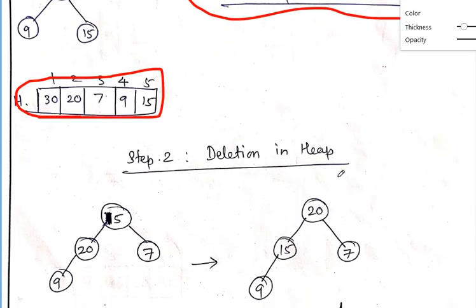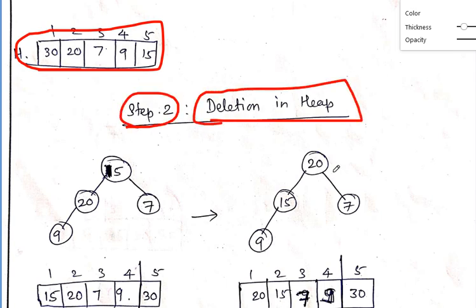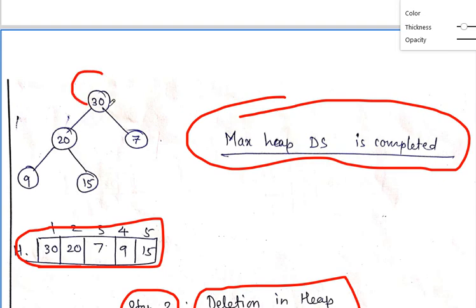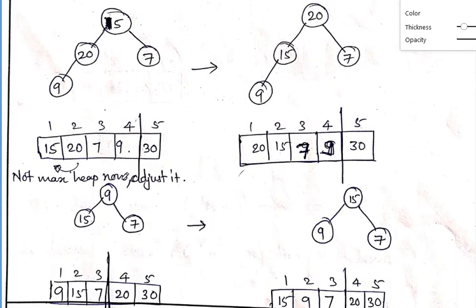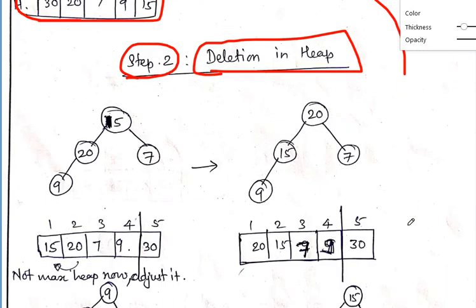Once the max heap data structure is obtained, the second step is quite important, where the deletion is done in the max heap. This is the first element which we are going to delete, so this 30 will be deleted. If 30 is deleted, what exactly is the scenario? After rearranging, the array is 30, then 20, then 7, 9 and 15.